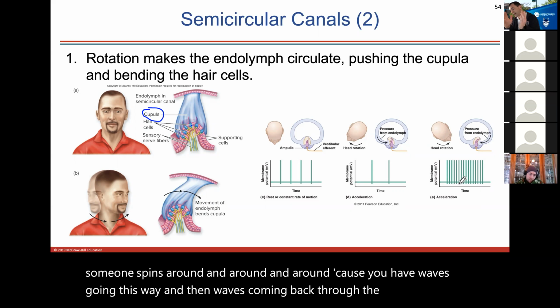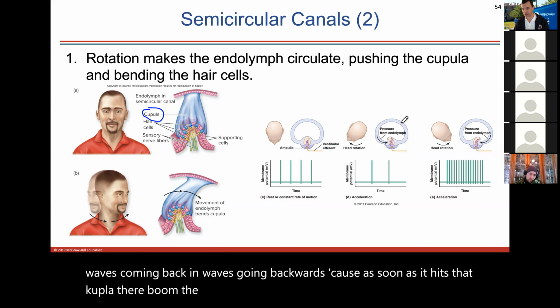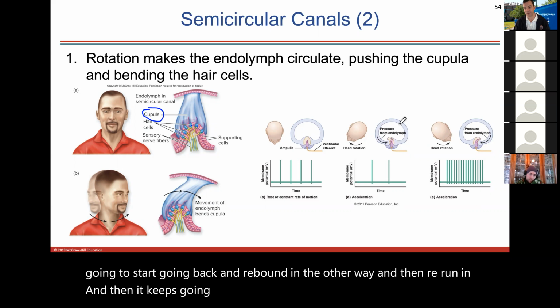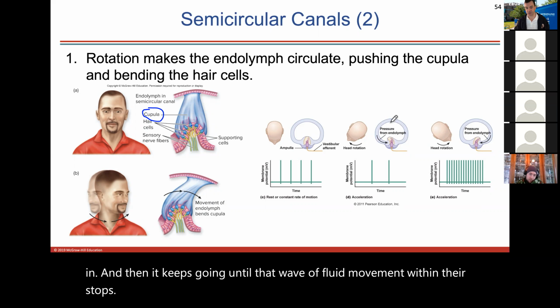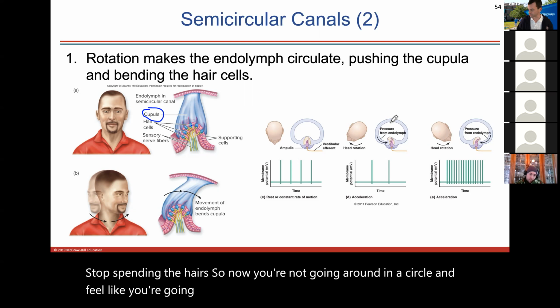As soon as it hits that cupola, boom, the fluid, the endolymph, is going to start rebounding the other way, and then rebounding again, and it keeps going until that wave of fluid movement stops bending the hairs. So now you're not going around in a circle and feel like you're going to yak all over yourself.